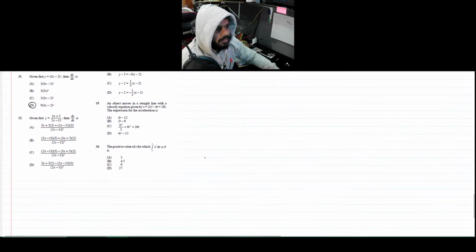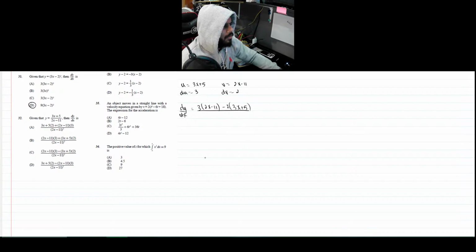Given that y is that, then dy/dx is, alright, so u is 3x plus 5, so du is 3. And v is 2x minus 11 and dv is 2. So we have dy/dx is (v du/dx minus u dv/dx) all over v squared.